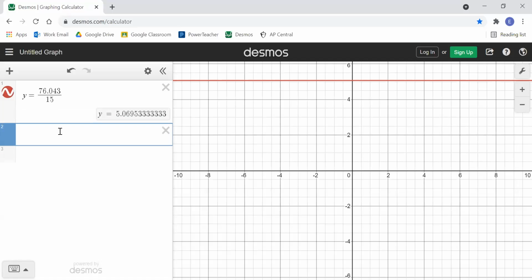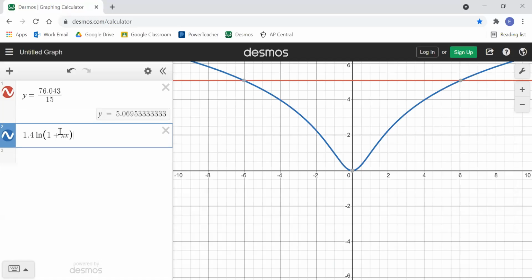And then we had 1.4 natural log of 1 plus x squared. And it looks like those intersect at 6.031. That's your y equals 5 point whatever number, and then you set that equal to 1.4 natural log of 1 plus x squared to see where they intersect. Does that make sense? Yeah, makes sense. Perfect.